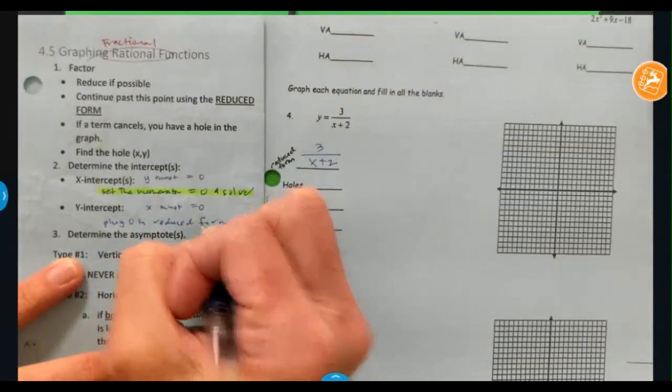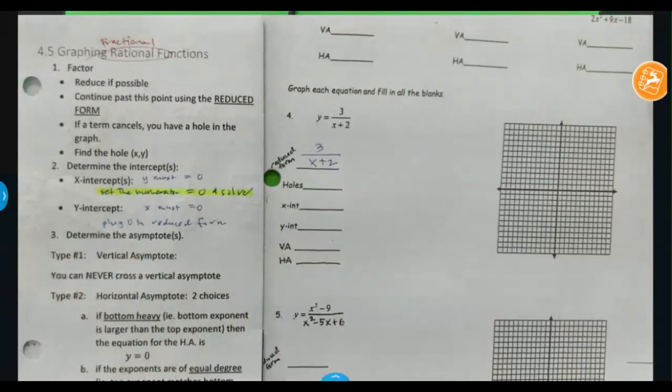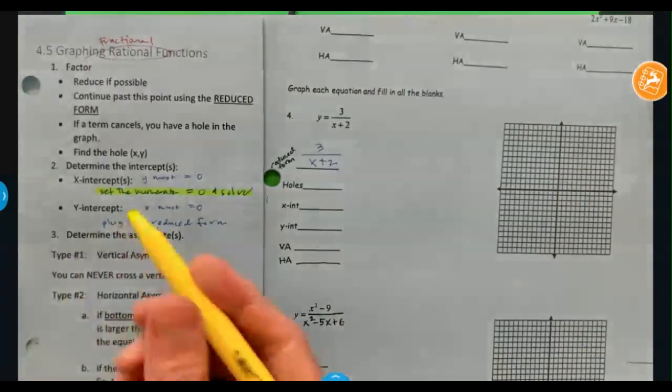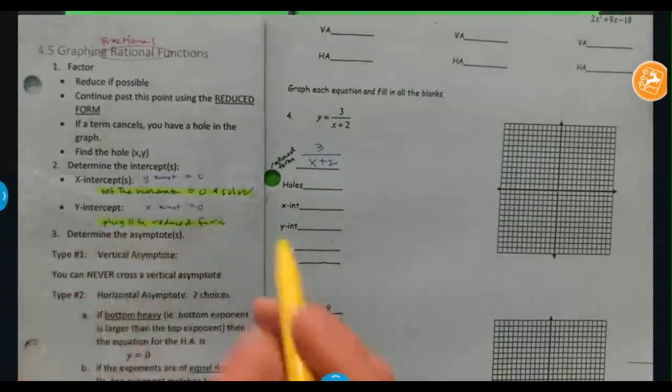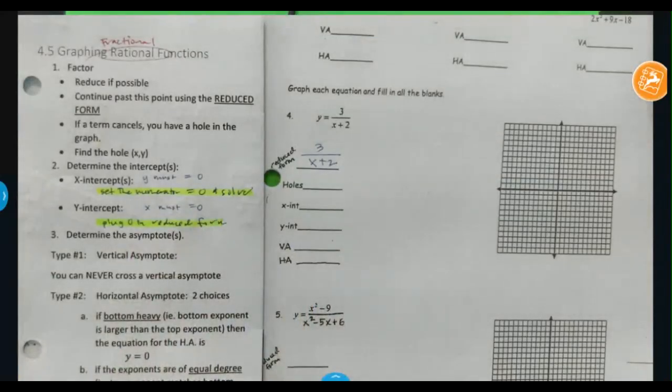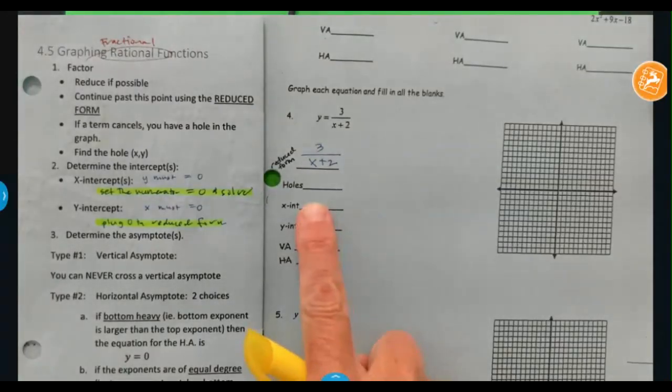So to get the y-intercept, you plug 0 into reduced form. Now, this is no different than when we got the y-intercept for a linear equation. It's the same thing. So let's get the x and the y-intercepts.